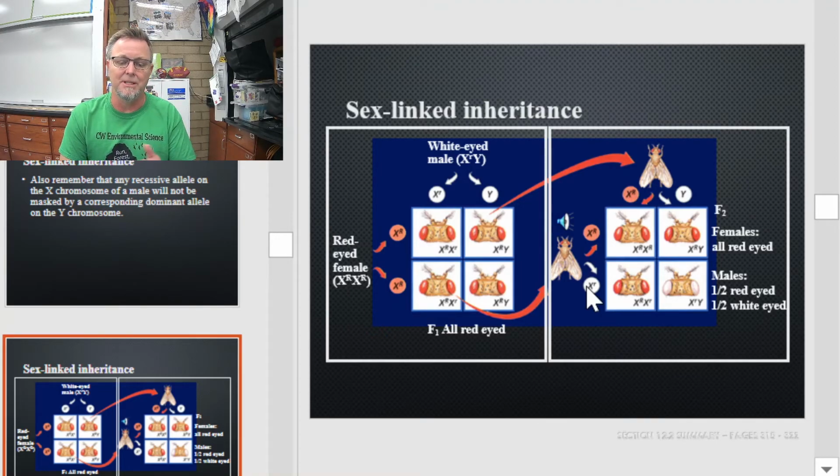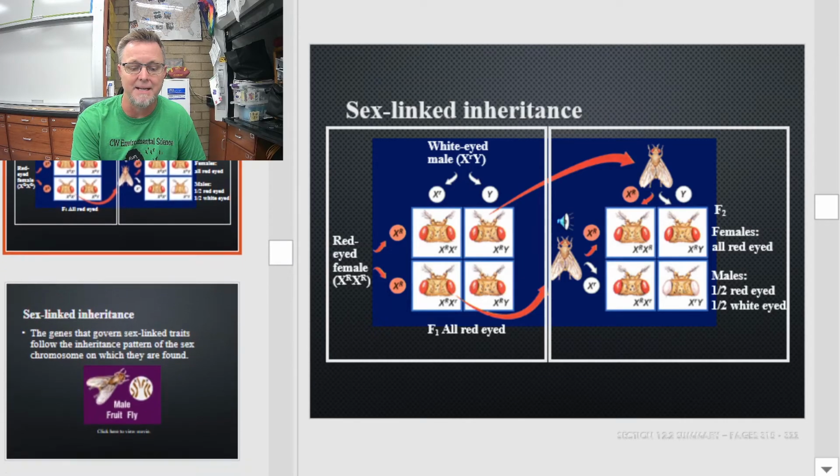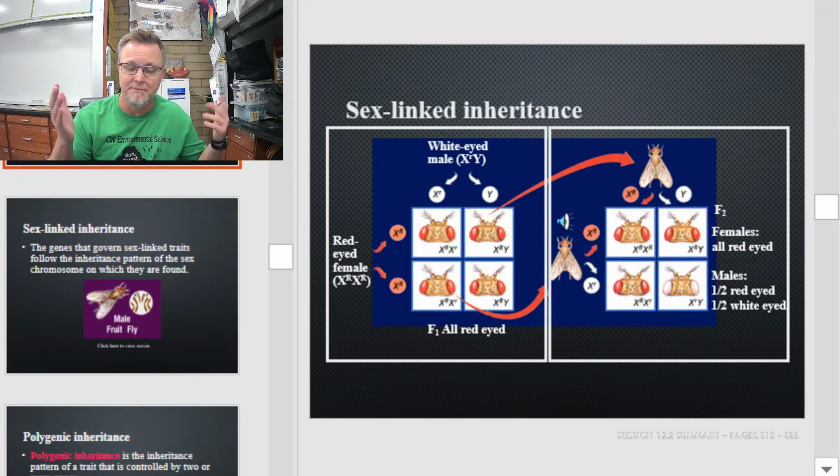And as you look at the Punnett squares coming across, not only can you see that the male is responsible for gender determination, but you can also see that mom can carry the gene for white eye color, but not express it. And if the boy inherits his X chromosome from her, then he's going to express it because there's nothing to mask it in the Y chromosome from his father.